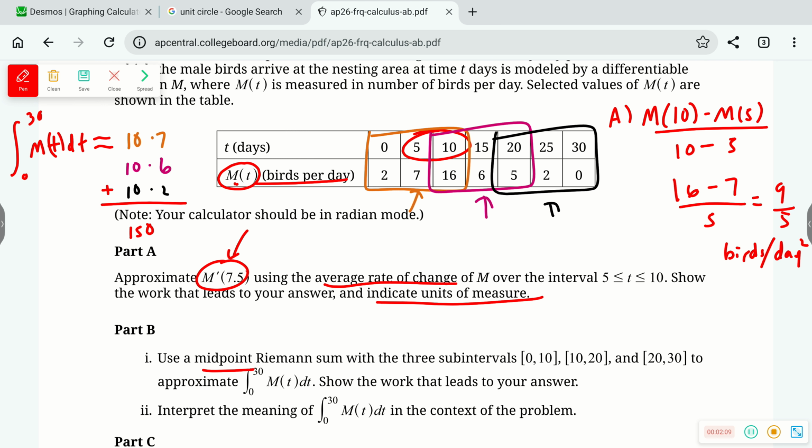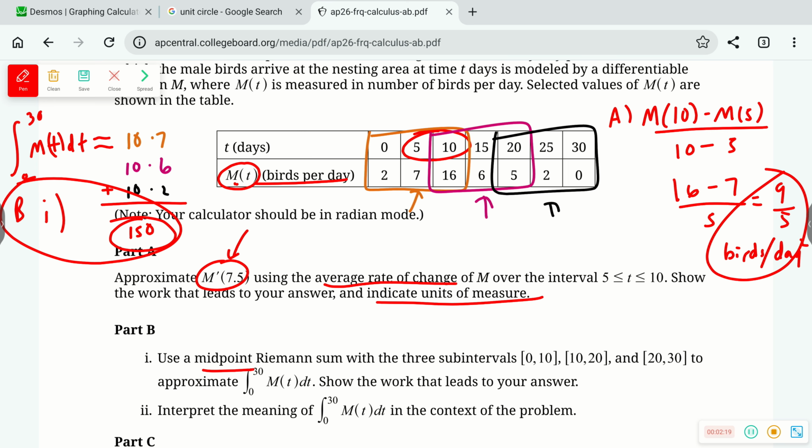And what does that represent? Remember, when you take the antiderivative of a rate, that's accumulation.